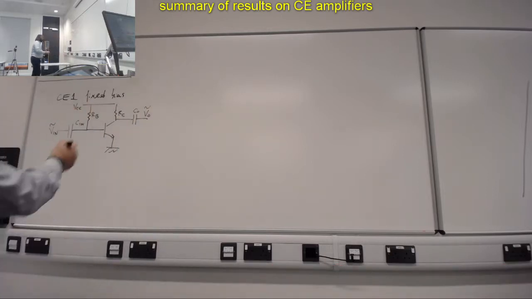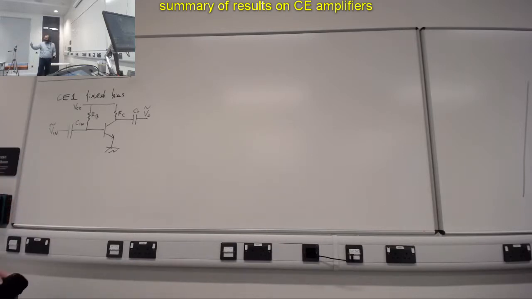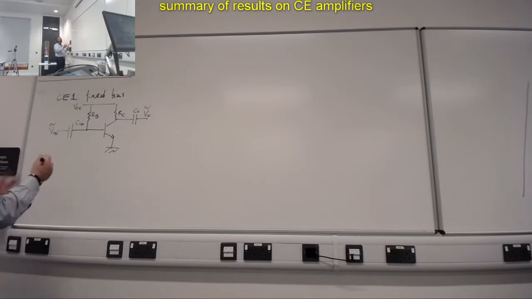And we analyzed it. 2 weeks ago, I think we did the analysis in DC to see how to properly bias this thing. Last week we did the AC analysis using the simplified hybrid model. And the result was, for any amplifier you deal with, there are these 4 parameters that are very important.